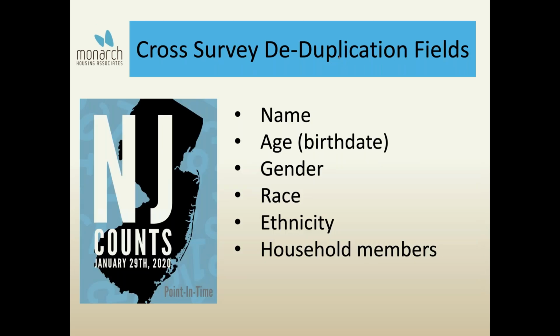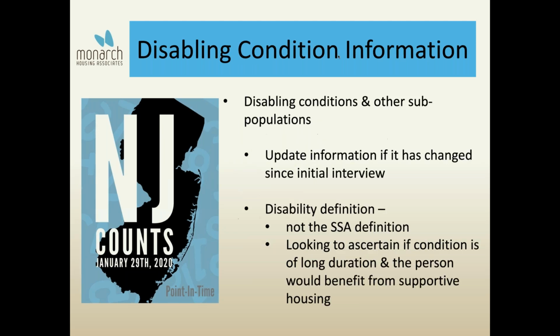So for cross-survey deduplication, the fields that we use are name, age, birth date if available, gender, race, ethnicity, and household members. So be sure that all disabling conditions and subpopulations are up to date. Update any information if it's changed since the initial interview.